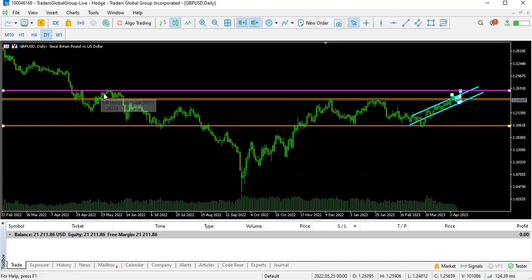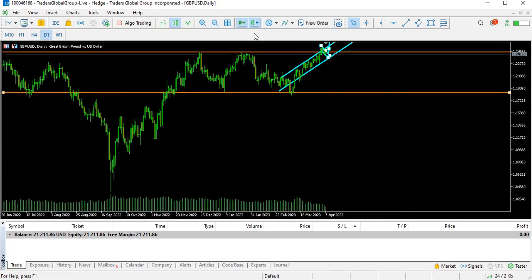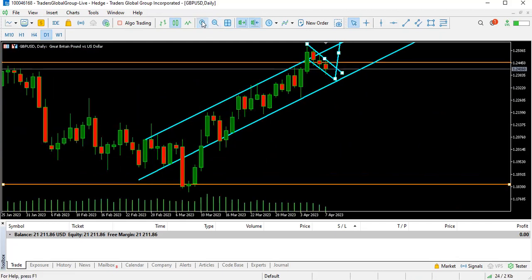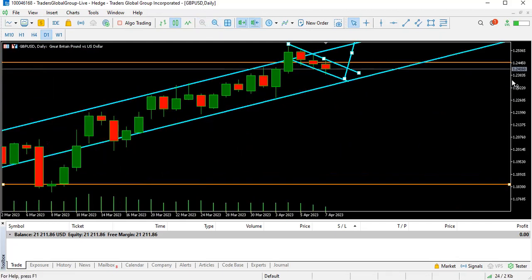You see, that's where it just goes. So that means that's where the market is coming, just by measuring with the leg of that flag.